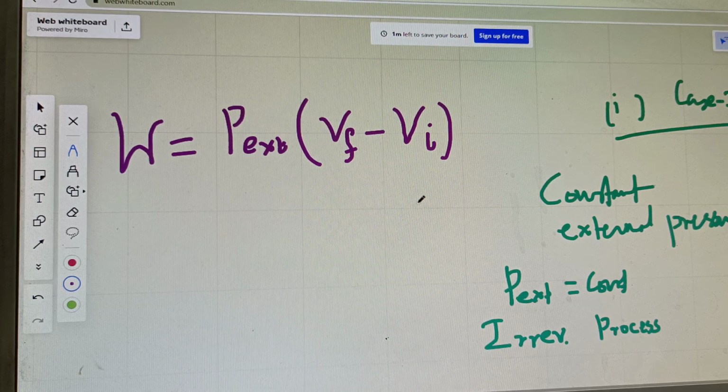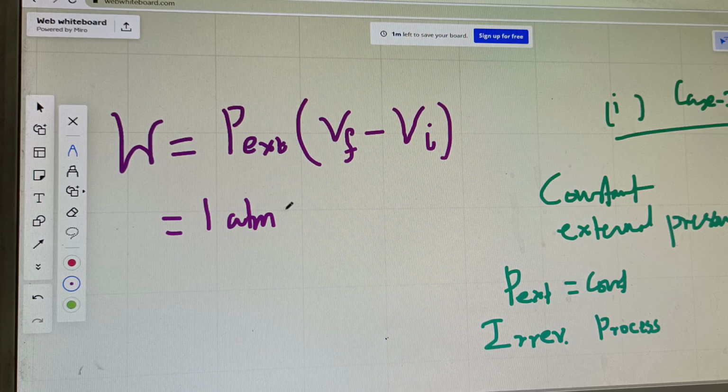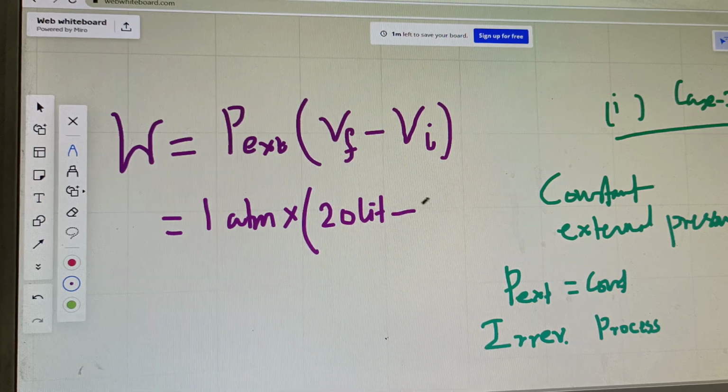So P external here is given 1 atmosphere, into V final, which is 20 liters, minus V initial, which is 10 liters.